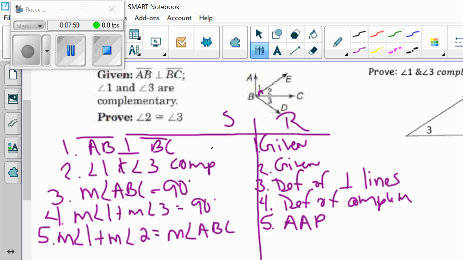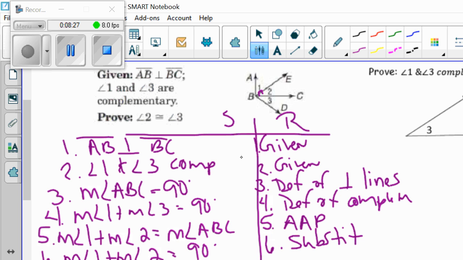So now I can go ahead and replace, right? I can replace or substitute the measure of angle ABC here. Okay. So I have the measure of angle 1 plus the measure of angle 2 equals, instead of measure of angle ABC, that's 90 degrees. So that's a substitution.